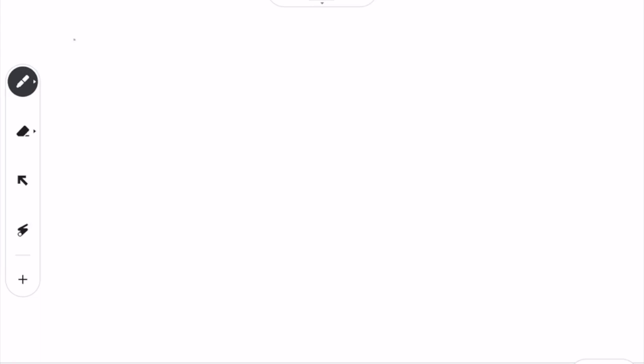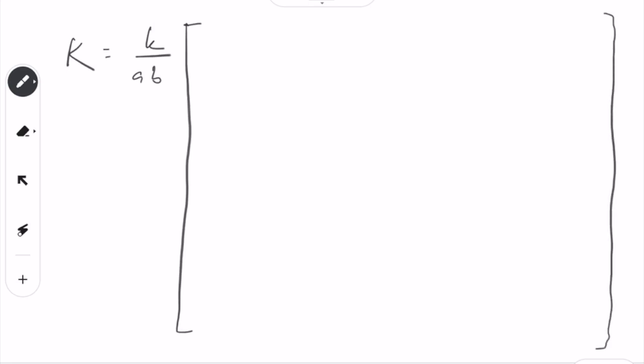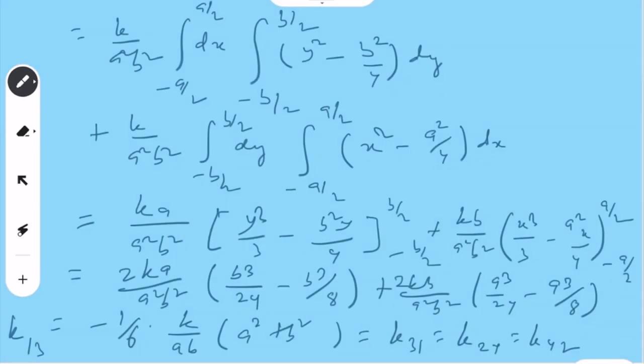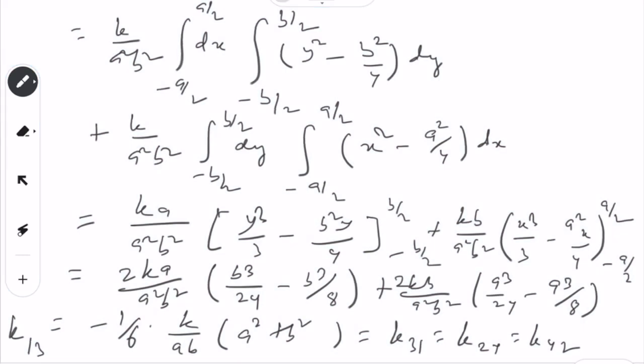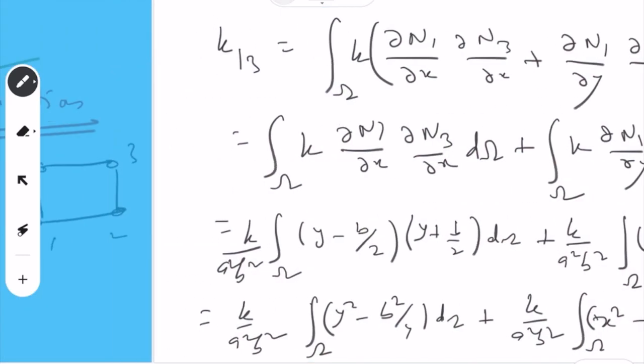Yeah, so big K will be equal to small k over a square ab basically, and then we can write it like this. Okay, so the first one is k (a square plus b square) over 3. Second one is k12.